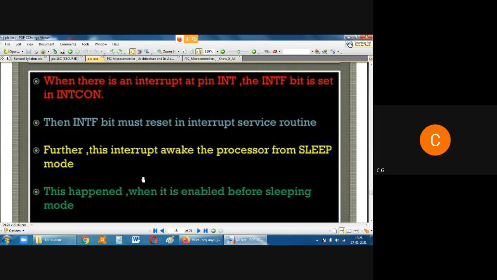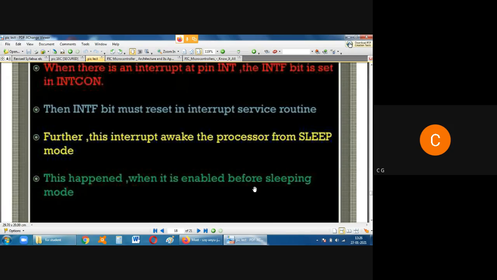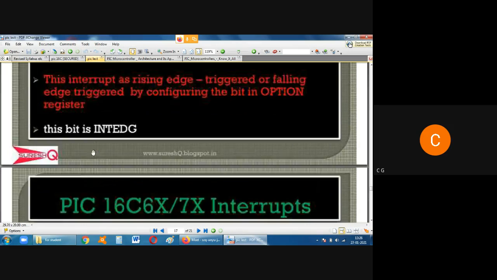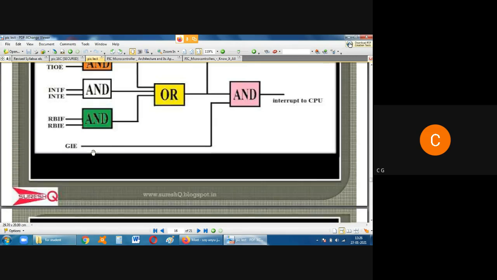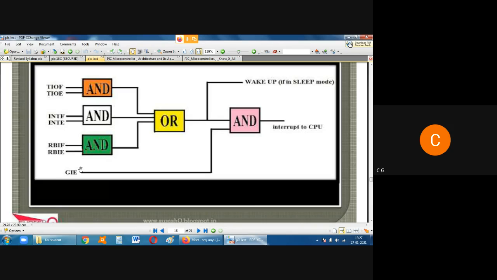So this interrupt section, how it is working: the interrupt bit must be reset in the interrupt service routine. This interrupt awakes the processor from sleep mode, and this happens when it is enabled before sleeping mode. Here we have seen in the diagram that is also giving you the idea.